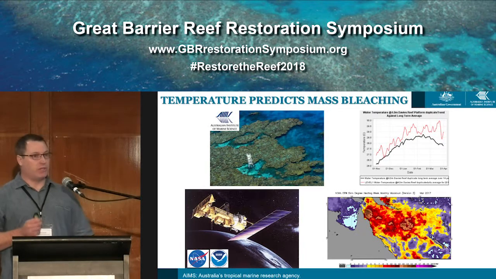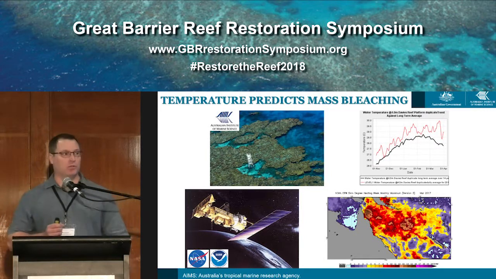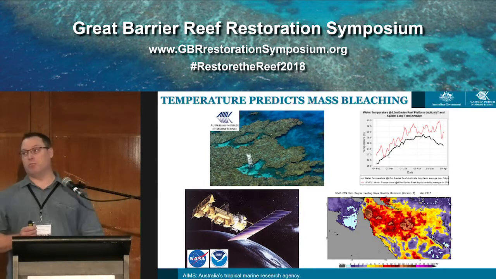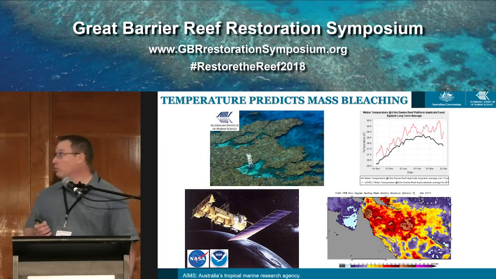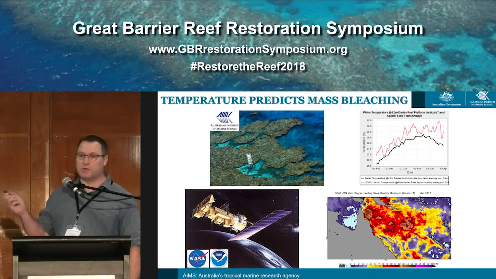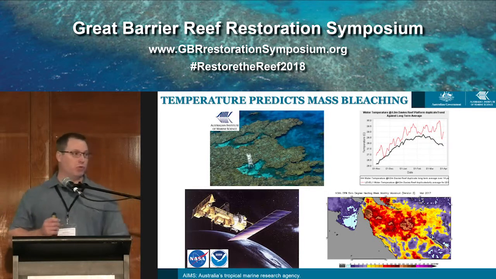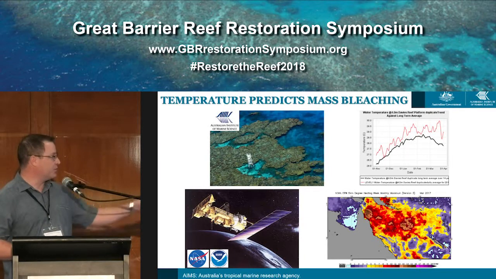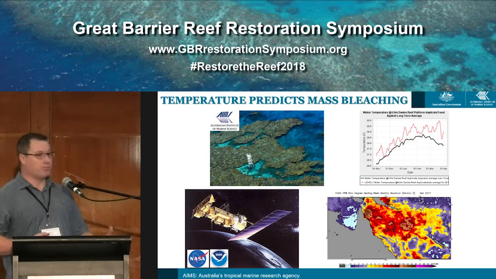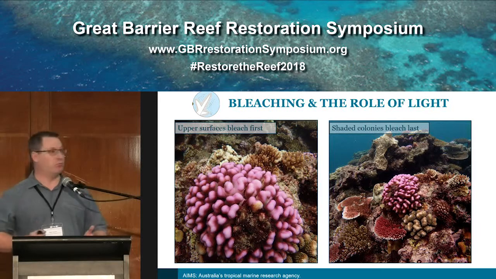But light plays an almost equally important role in this phenomenon. When we start to see a bleaching event unfold, we first see the upper surfaces of the coral tissue bleach before the shaded internal branches. You can see this in the image on the left. The tips are completely 100% bleached.